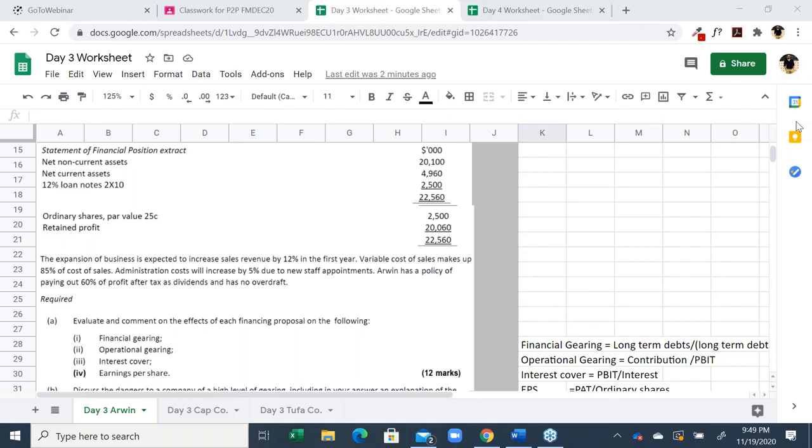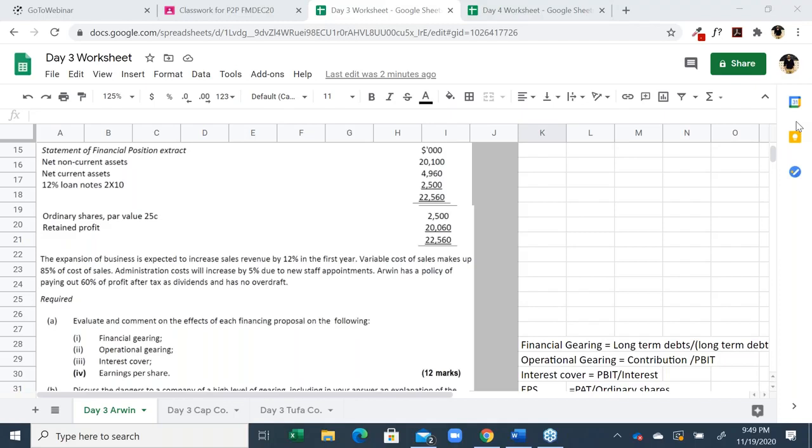So first of all, since we have the current situation given in the question, the income statement and the statement of financial position, let's calculate what the financial statement will look like in 1 year's time using both the options. The first option is equity and the other is debt.